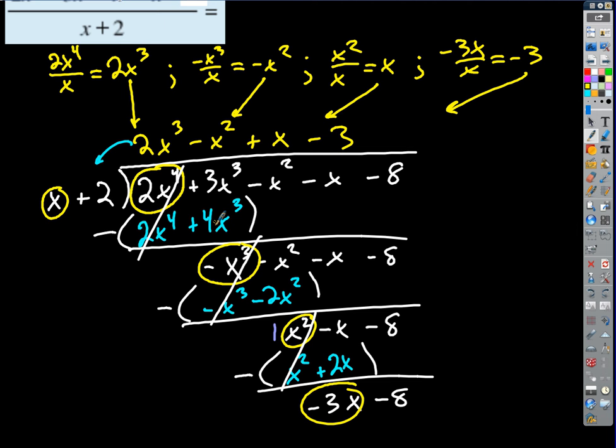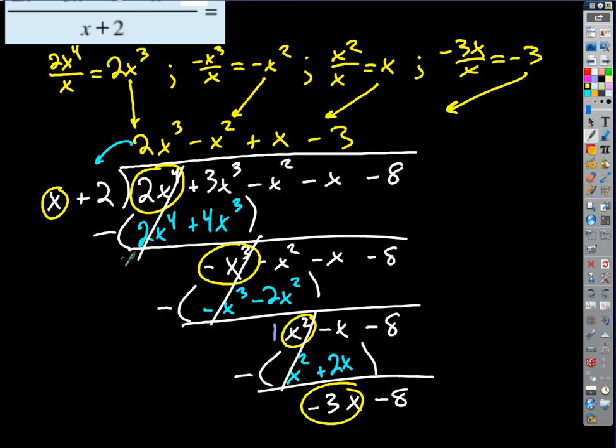No, every time you get a term up here, you're going to distribute it to the whole polynomial out front. Right, so we distributed the 2x cubed times the x and got 2x to the fourth. 2x cubed times 2 is plus 4x cubed. And that's all we could do, we only had 2 terms. And so then we subtracted vertically. We found out what's left. Yep, and then we start over.